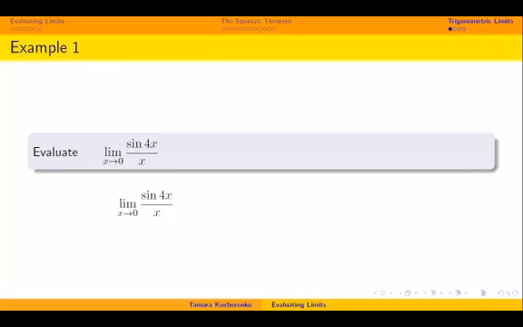We need to rewrite this limit in terms of the limit of sine theta over theta. Since the argument of sine is 4x, it is natural to think of theta being 4x.